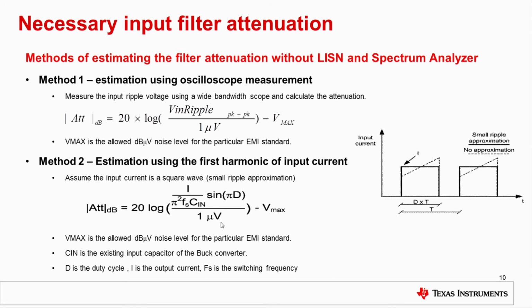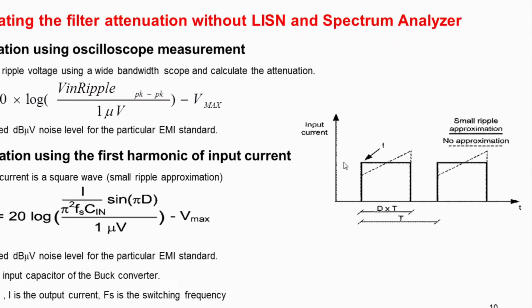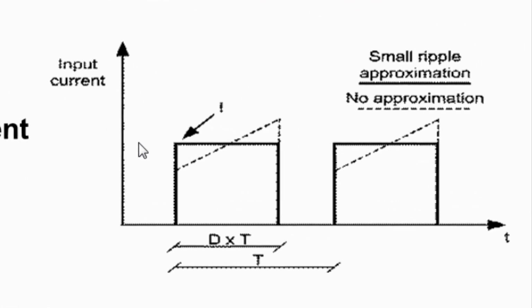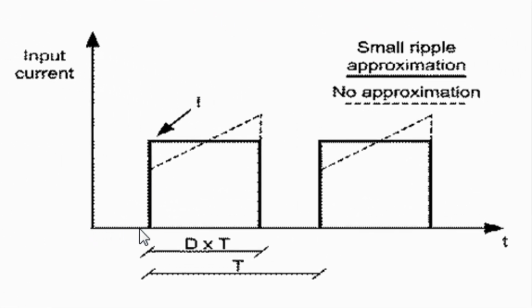Now, how do you estimate how much filter attenuation to add? As we discussed before, the buck converter makes pulses of current, so you get a pulsed current at that input capacitor. That input current has this general shape where it pulses up, and then you get a triangular ramp upwards and then very sharply down.